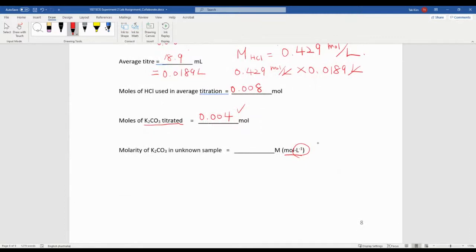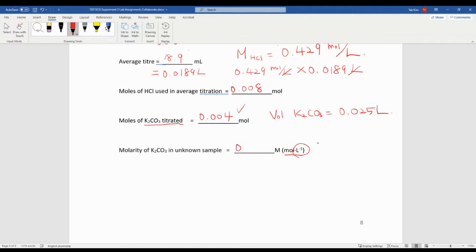So the number of moles is 0.004, and then the volume of potassium carbonate should be, I converted mL to liters straight away because that one has to be in liters. So using this number, let me quickly do the calculation.